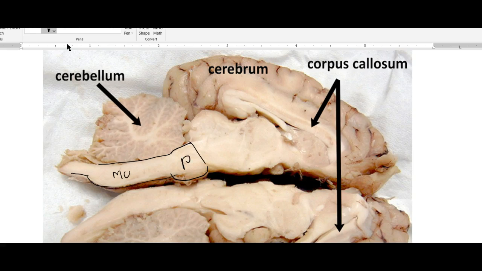And then right about here, I don't know exactly where to draw that one, and all of this, that's your midbrain. And then you can almost make out a little dark gray area there. That's thalamus. This region down here is hypothalamus.